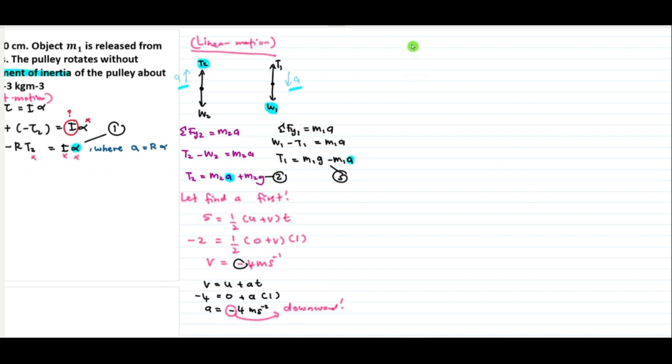Saya nak cari T2. Okay, so from equation 2, so let's find the value of T2, which is M2A plus M2G. So M2 kita dah ada tadi, nilai dia adalah 1 kg and A is equal to 4 meter per second. Alright, plus G is 9.81.